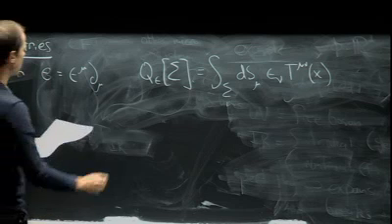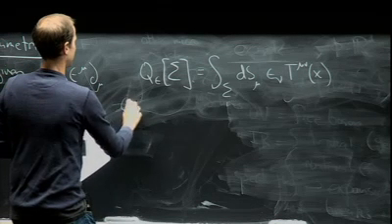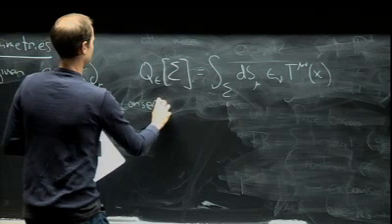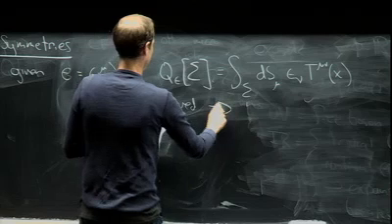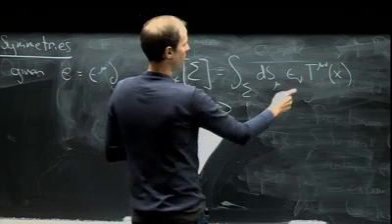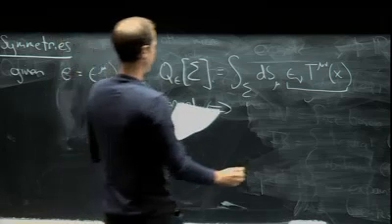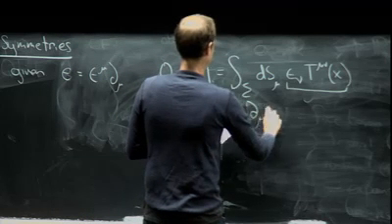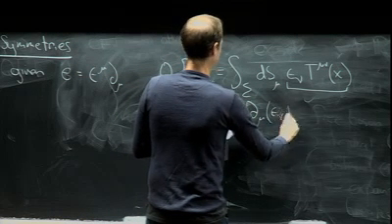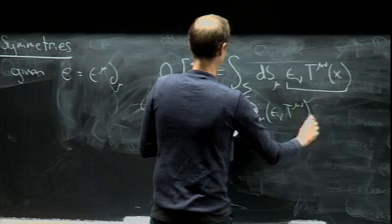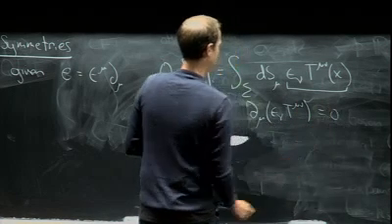And this charge will be conserved if this current is conserved. So d_mu of epsilon_nu T^{mu nu} equals 0.